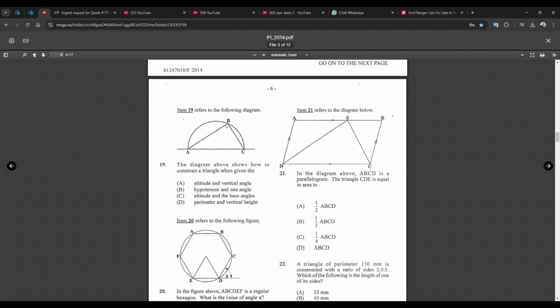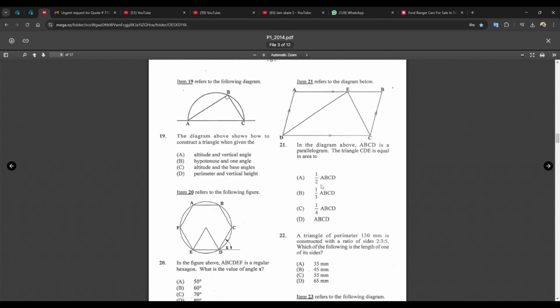Number 21, in the diagram above, ABCD is a parallelogram. The triangle CDE is equal in area to, it's actually half of ABCD. It's half because they share the same base, being DC.